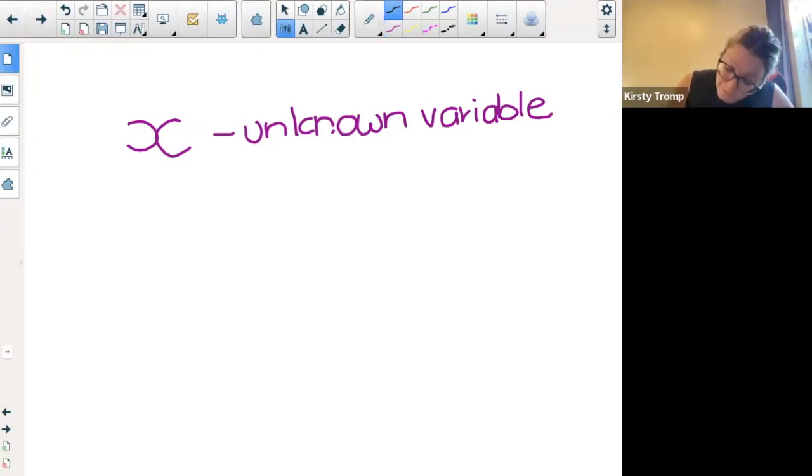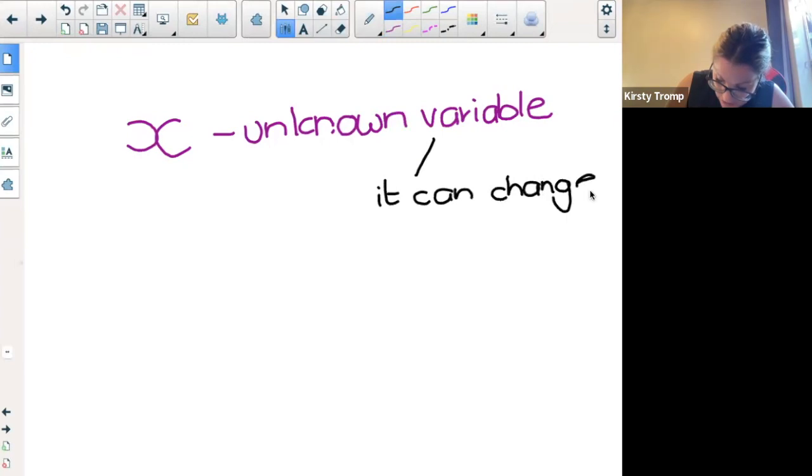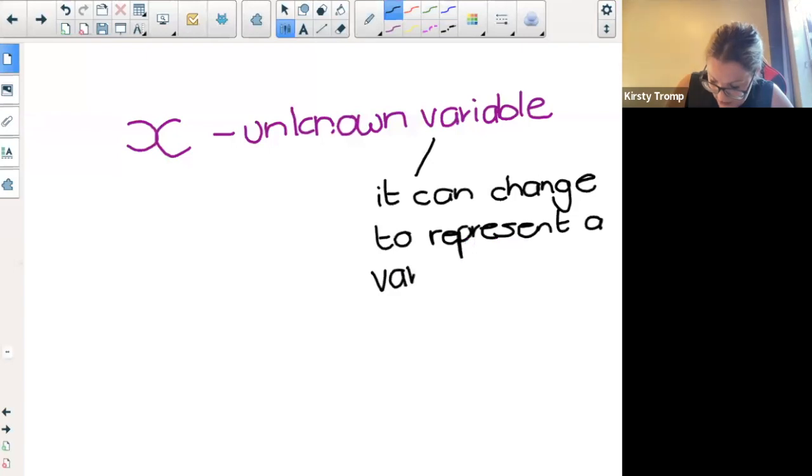Variable. It can change to represent a variety of numbers.